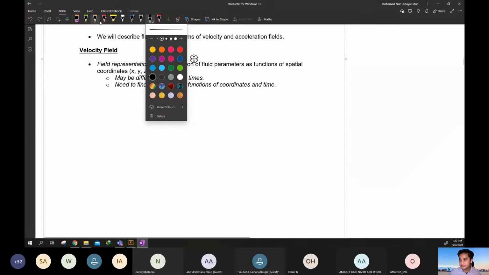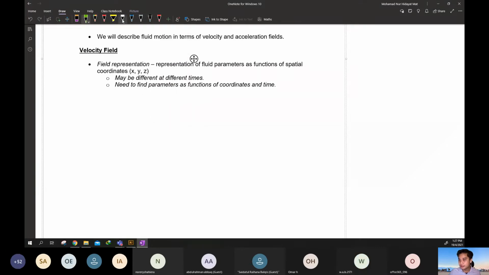So, let's start by establishing the coordinate. Okay, this is the coordinate. Normally we use Cartesian coordinate, which is this is x, this is y, and this is z. And when we talk about unit vector, definitely the unit vector in terms of x direction we call i.